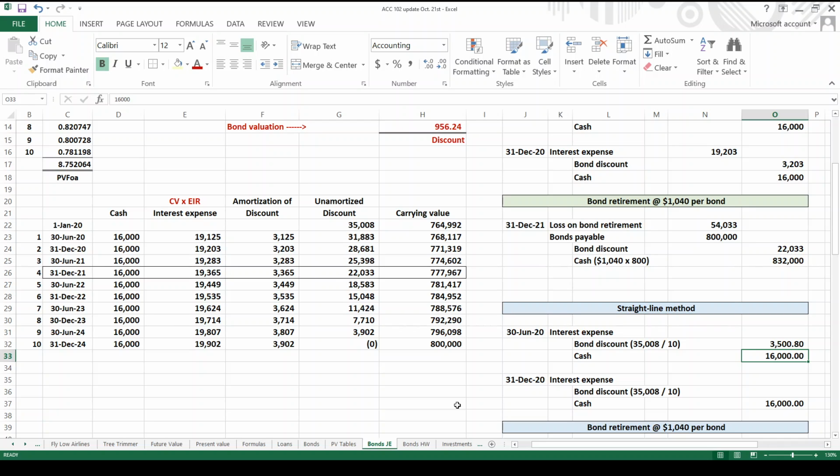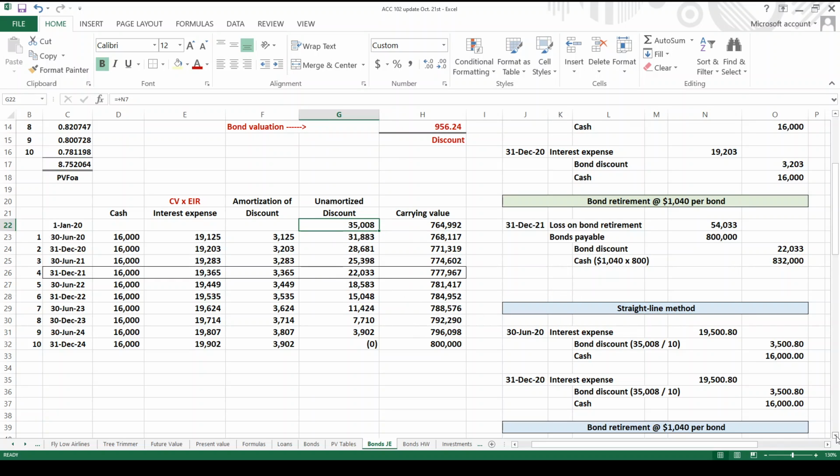There you go. Okay. Now what? Well, the debit's got to equal the credits, right? So we're going to add these two numbers together. And what's it going to be in December? It's going to be the same thing. That's why it's called a straight line. Because this number here is not going to change over time. It's going to do this 10 times, which will make this balance go away over time.